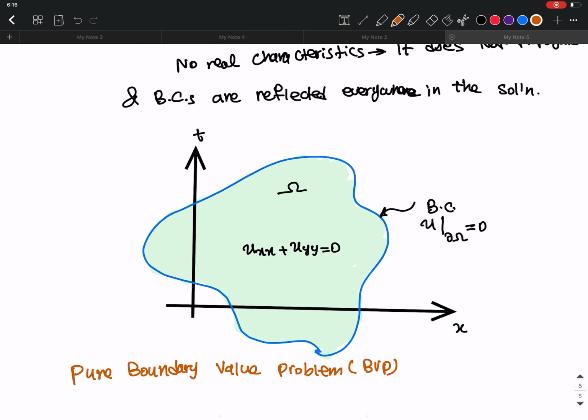We don't have any initial condition, and as you see, it's not time dependent, right? So it only arises in static problems. For example, electromagnetics, or steady solutions of some equations.